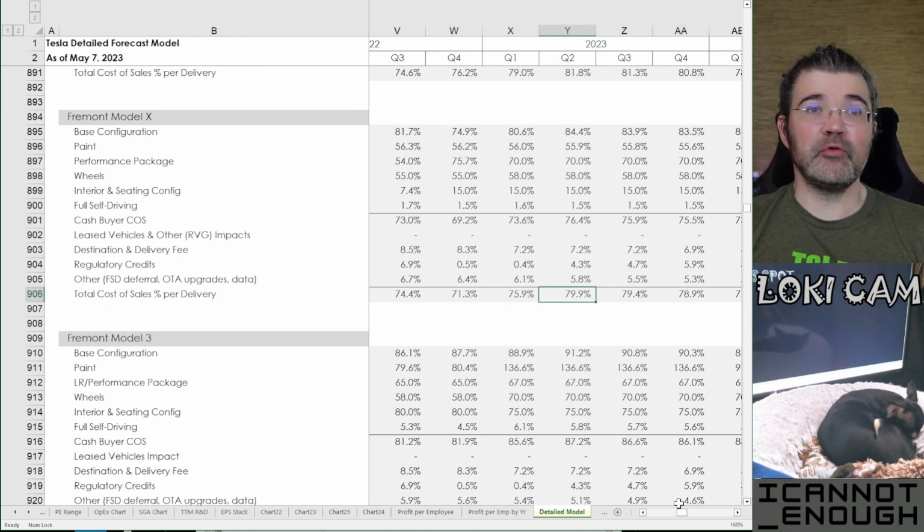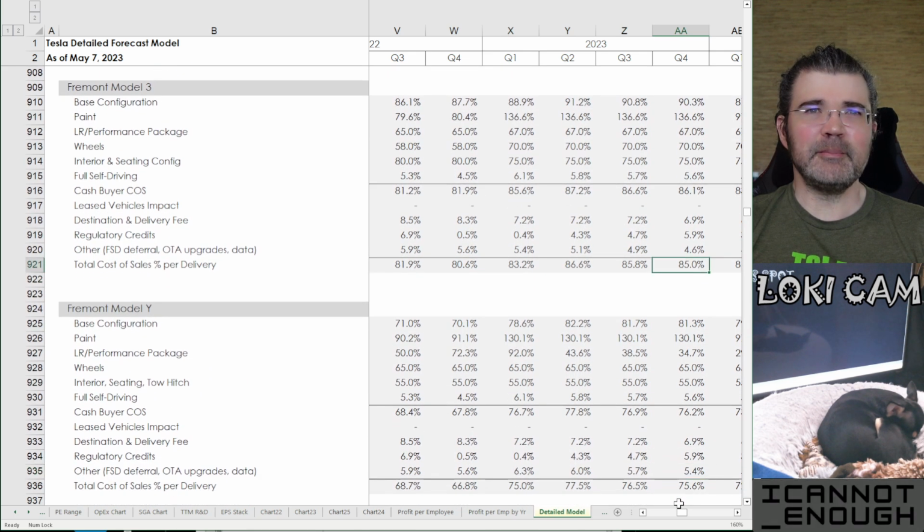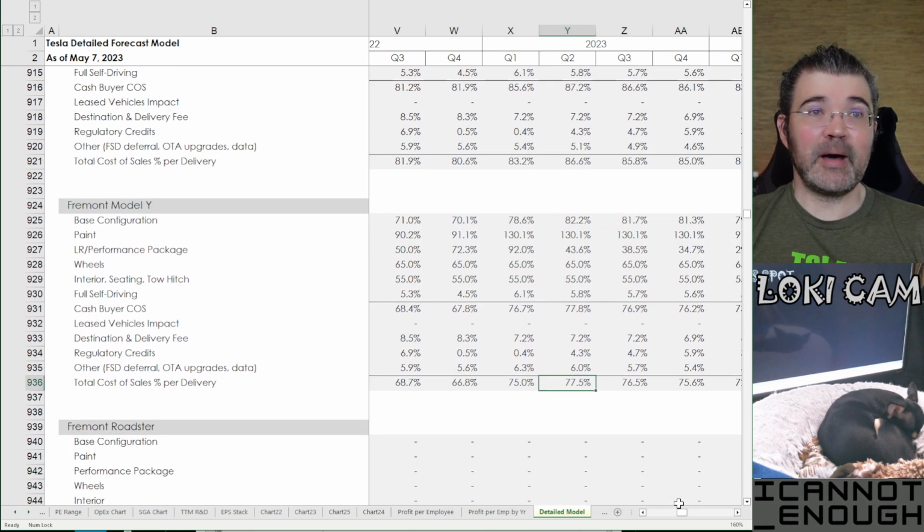The worst gross margins we're going to see for these vehicles individually is going to happen in Q2 and then improve some from there, right? For the Fremont Model 3, it's the same story. Higher cost of sales as a percentage in Q2 than it was in Q1. And for the Fremont Model Y, it's the same story, right?